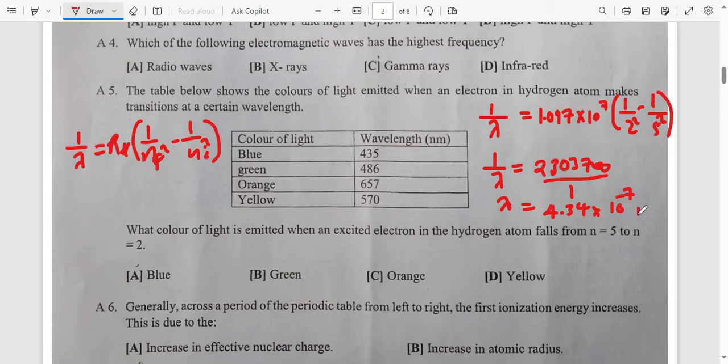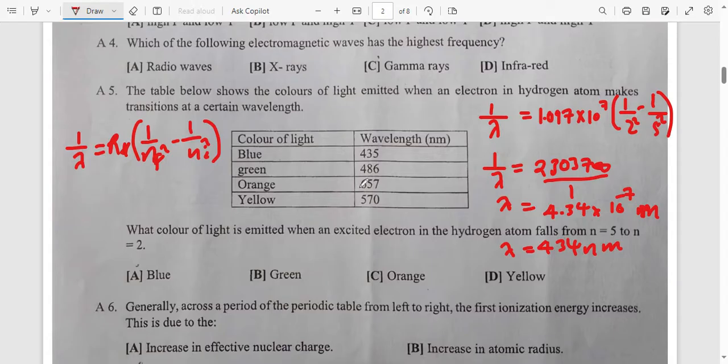The answer that you punch is in meters. If you convert this number to nanometers, you are going to get wavelength being equal to 434 nanometers. All you do is multiply this number by 10 to the power 9. Okay, you would have converted to nanometers.